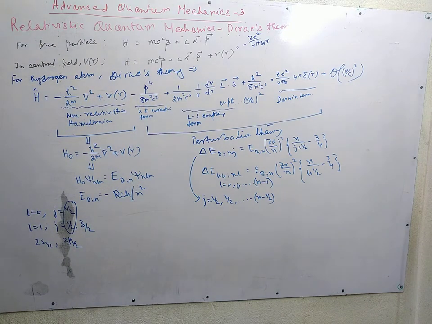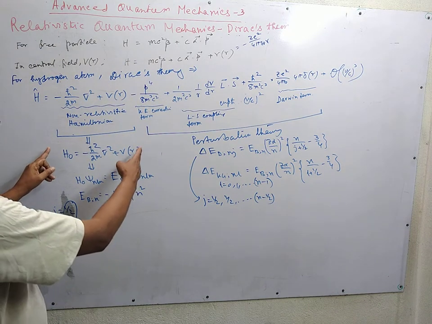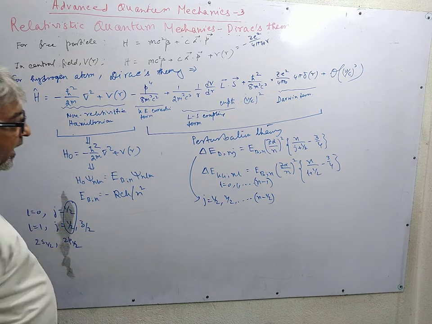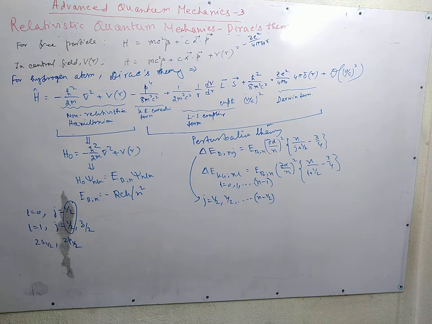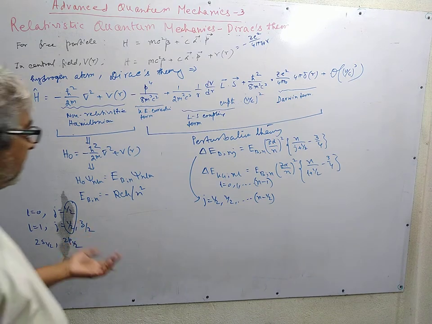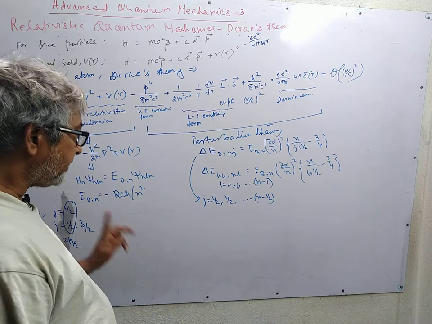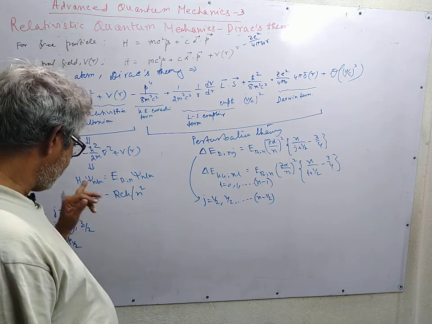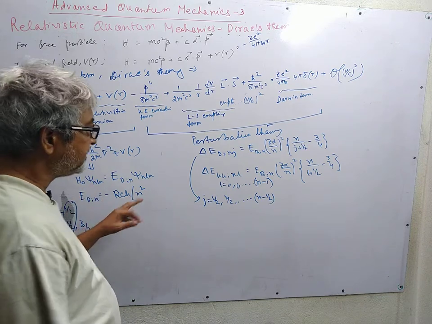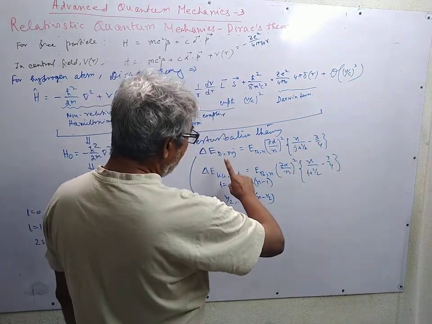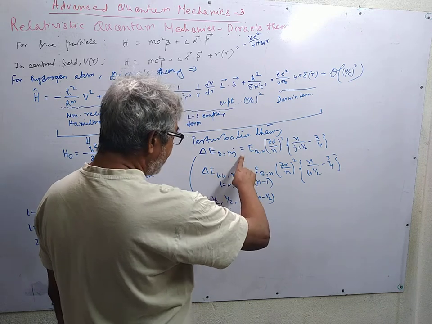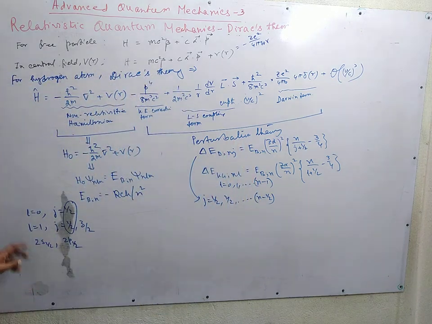Now this part we solved in the Schrödinger picture, having this result, and this part could be treated via perturbation theory, and we get, as per Dirac theory, the correction over the Schrödinger energy given by this, where the l degeneracy is removed, so the energy levels depend on n and j. But one problem: two states, 2s half and 2p half, will have the same value as per Dirac theory.